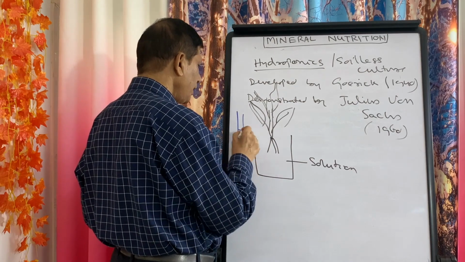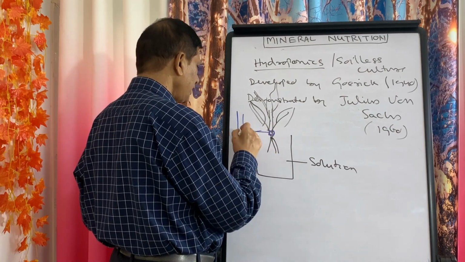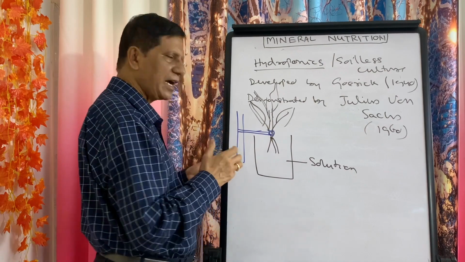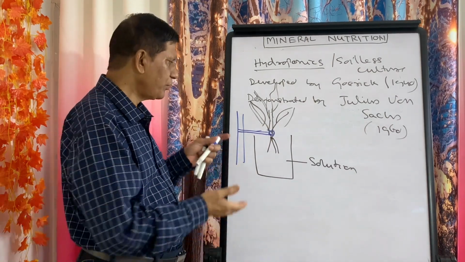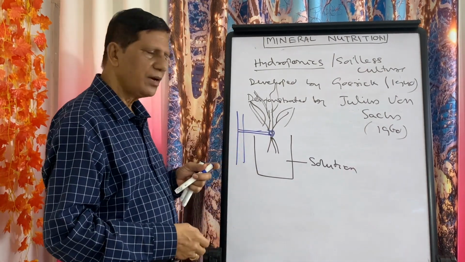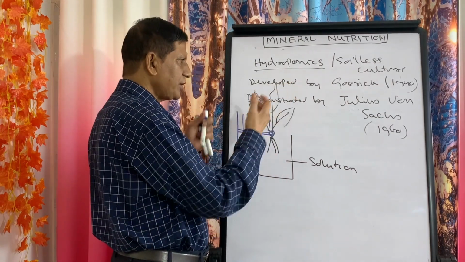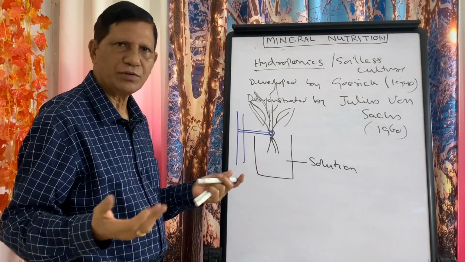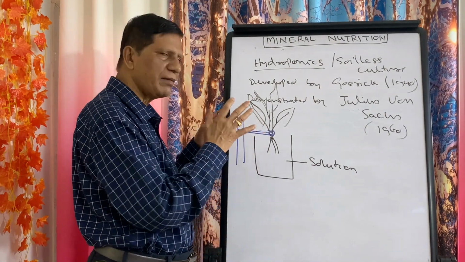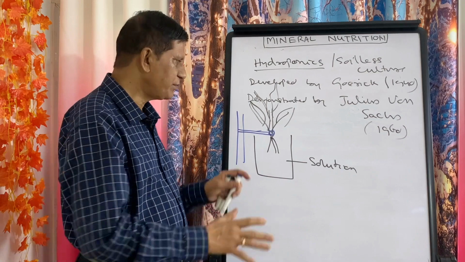Let us put a stand here so that anchorage is provided. This anchorage is usually provided by the soil, but we are providing it with the help of a stand. Now here water is there, different types of minerals are there, and the plant is also exposed to the sunlight and to the air. That means everything that was available in nature is provided now.